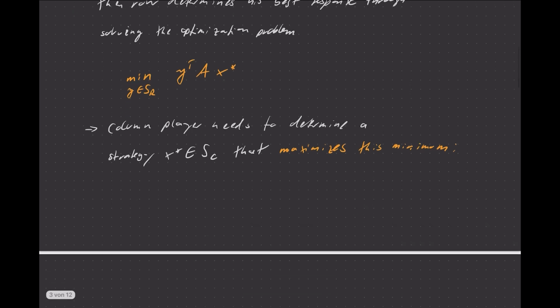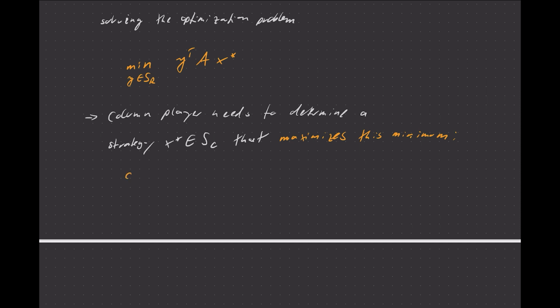So here's Column's optimization problem. And that problem is called a maxi-min problem. We'll see in a second why.